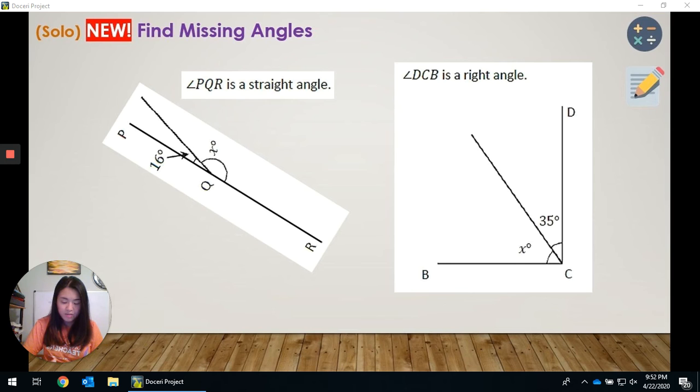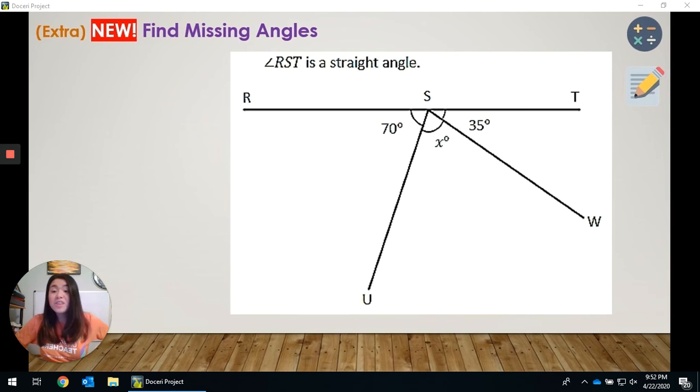So now, if you look at this one, it still gives us information. At the top, it says angle RST is a straight angle. But now we can see in our model that there's an angle that's 70 degrees, an angle that is X degrees, so that's the missing one.